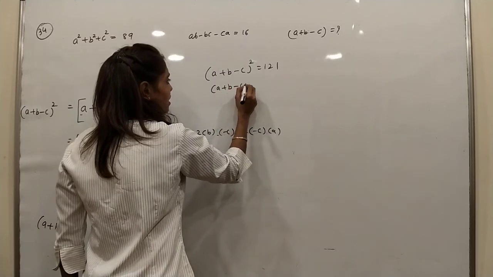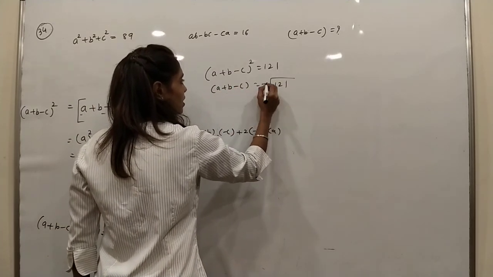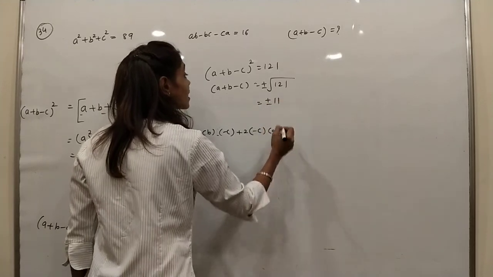So a plus b minus c is under root 121, that is plus or minus 11.